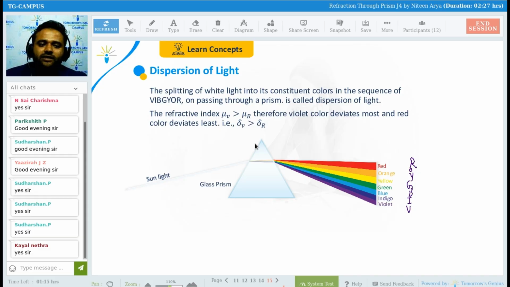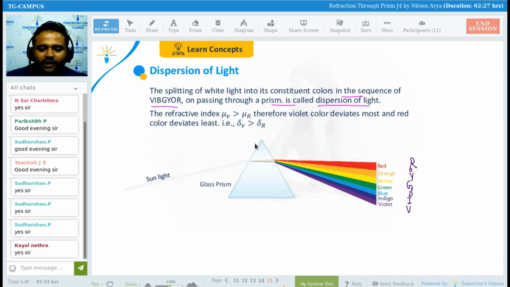As you can see, red is going to be least deviated and violet is going to be most deviated. So it shows the splitting of white light into its constituent colors on passing through a prism. The refractive index mu v is greater than mu r.